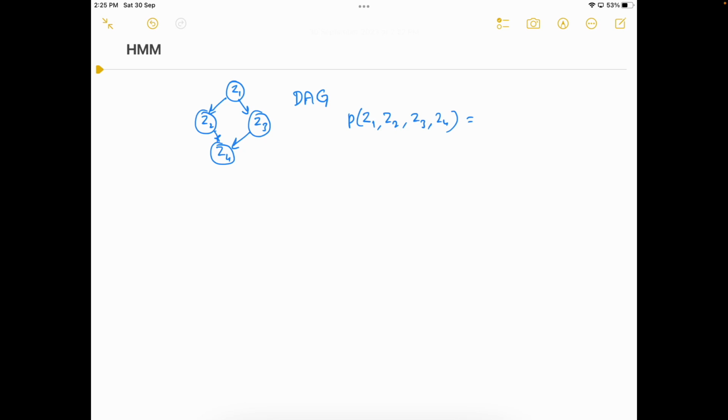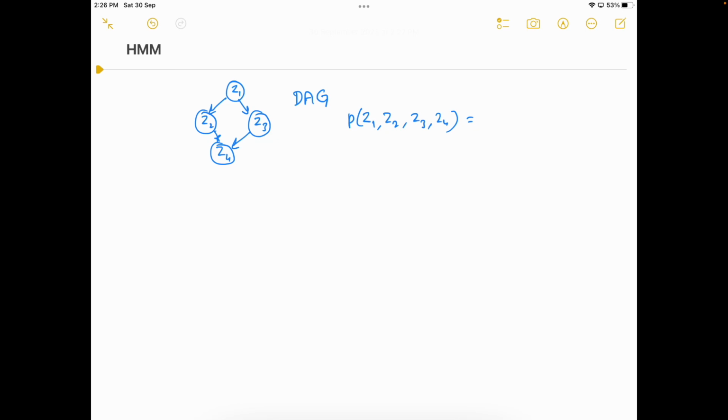Without any dependence function, we cannot say it should be a DAG. Okay, so you have written P of Z1 into P of Z2 given Z1, P of Z3 given Z2 and Z1. Very good, correct answer.